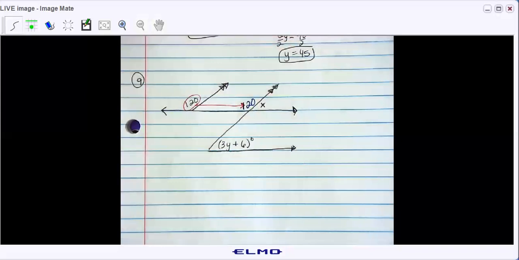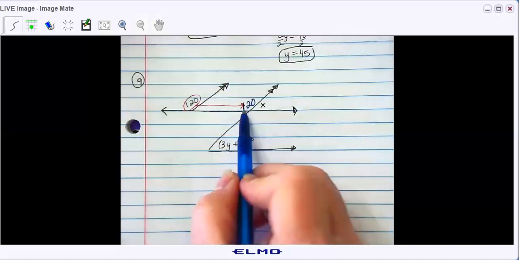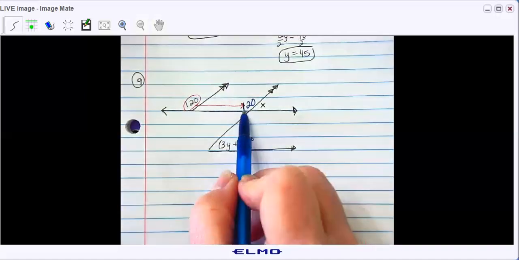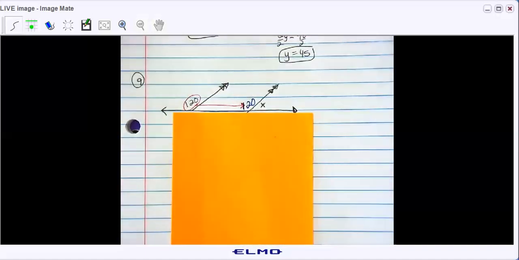What we're doing is looking for ways that we can attach a value to either X or Y. Once I move this over next to the X, then I can say, oh, check it out, I actually have a straight line. What do I know the value of a straight line to be?